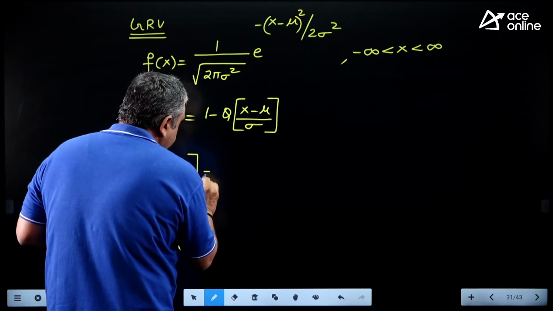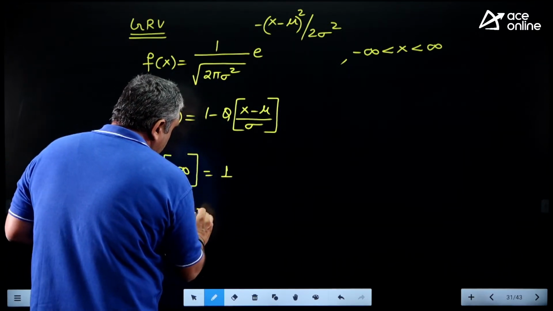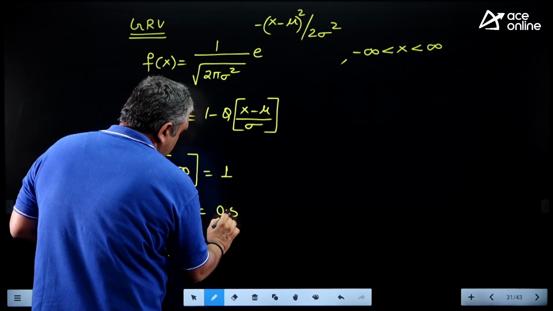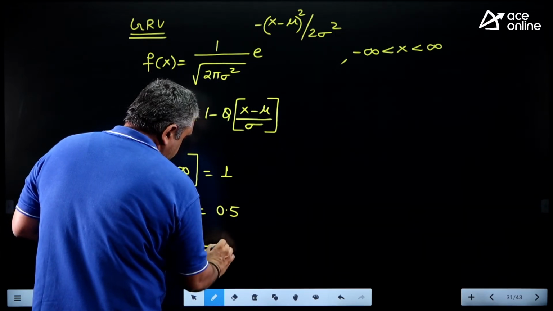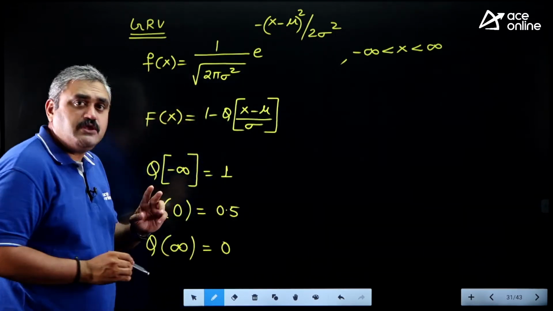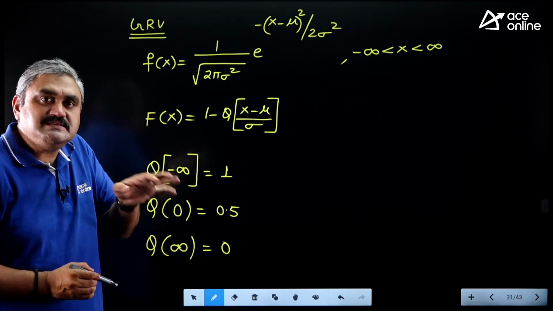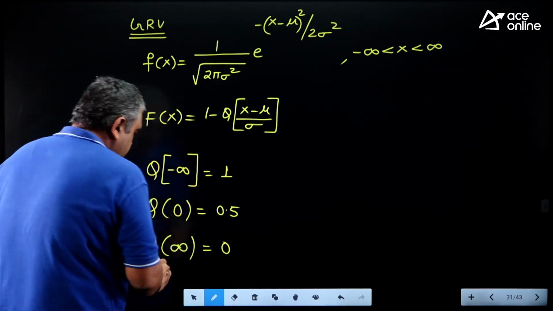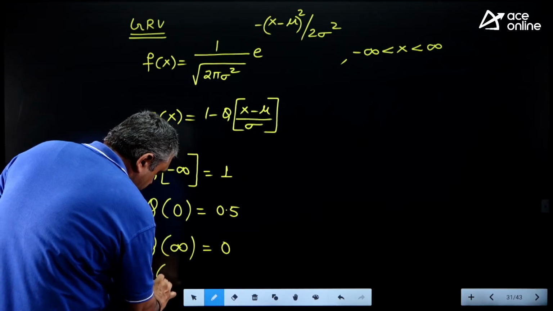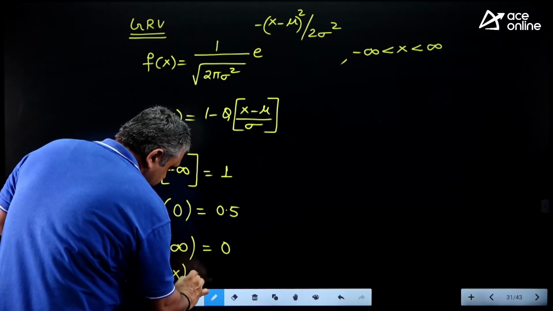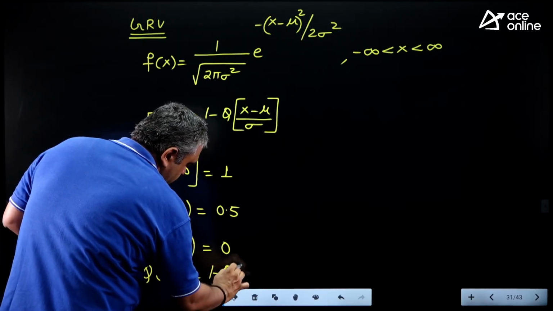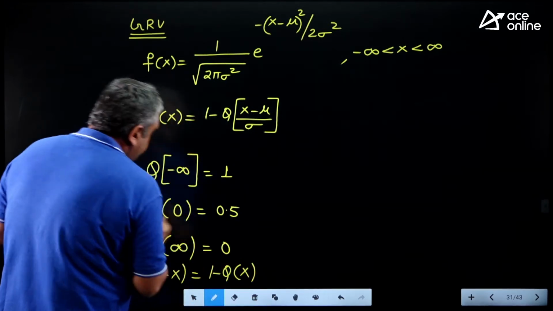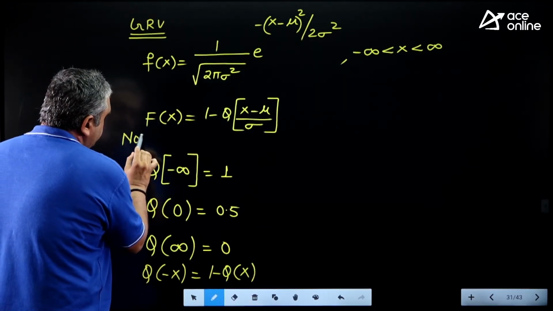So Q of minus infinity is 1, Q of 0 is 0.5 and Q of infinity is 0. The more the value inside the Q function, the lesser is Q of that value. And you can write Q of minus x as 1 minus Q of x.